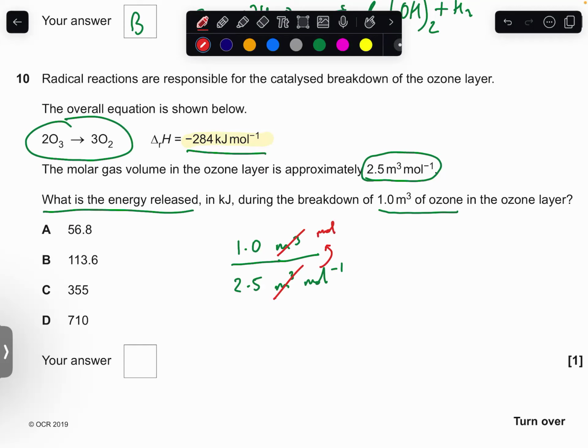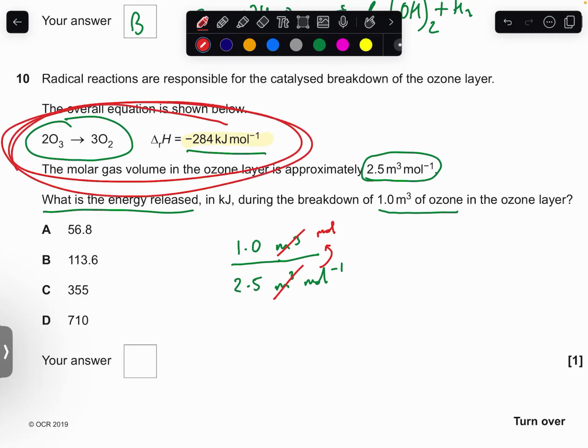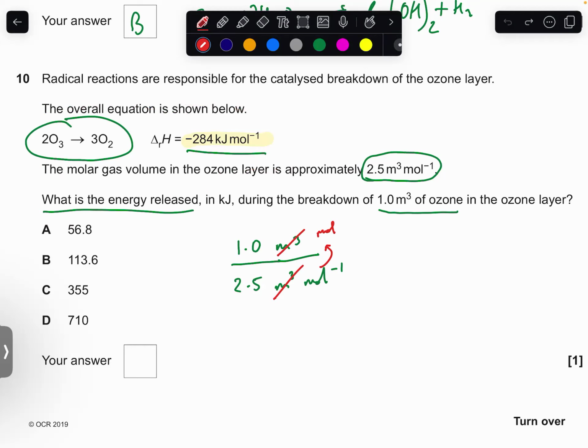Now, you see this over here, this is per 2 moles of ozone. So if we divide the answer by 2, and then multiply it by -284, that will tell you how much energy is released. My answer is -56.8.